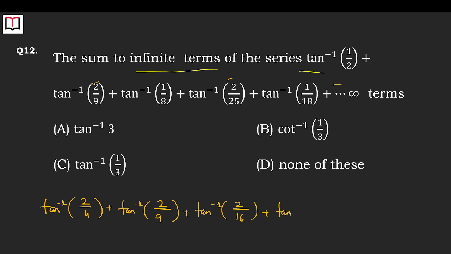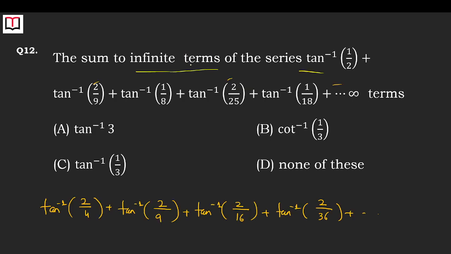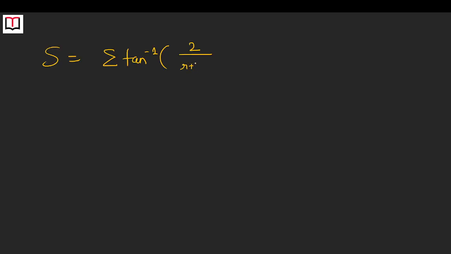Now look at the pattern. Isn't that a very clear direct pattern, which is summation of tan inverse of 2 over 2 square, 3 square, 4 square, r plus 1 whole square.